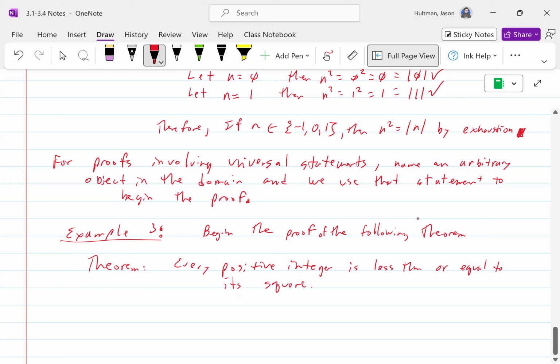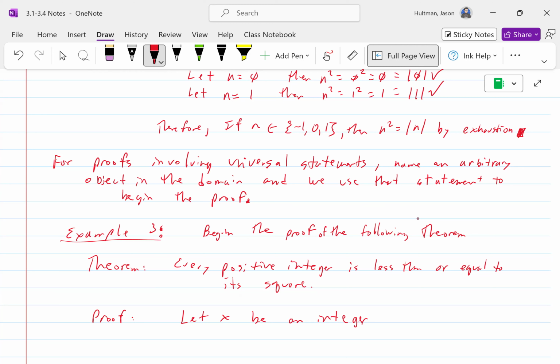Okay. So how would we start the proof? Okay, we would say let x be an integer. Or in our case we used k, I think.